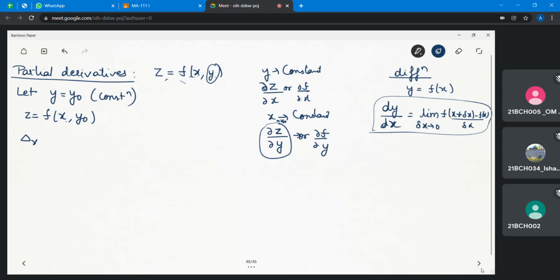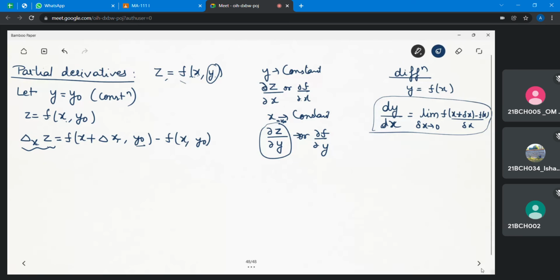So then you can take the increment in z with respect to x. तो increment इसमें क्या हो जाएगा? f(x plus delta x, y naught) minus f(x, y naught). So this is called the partial increment in z with respect to x, keeping y as a constant.